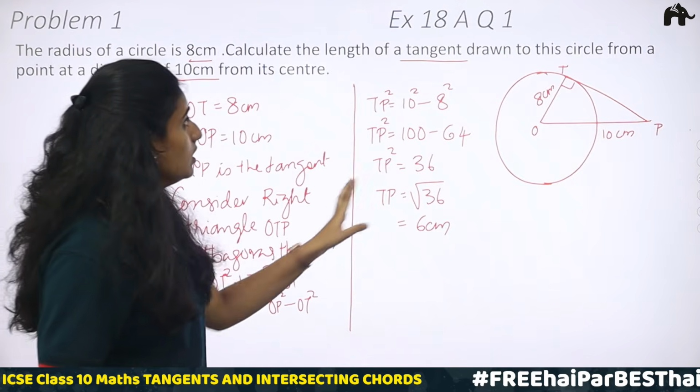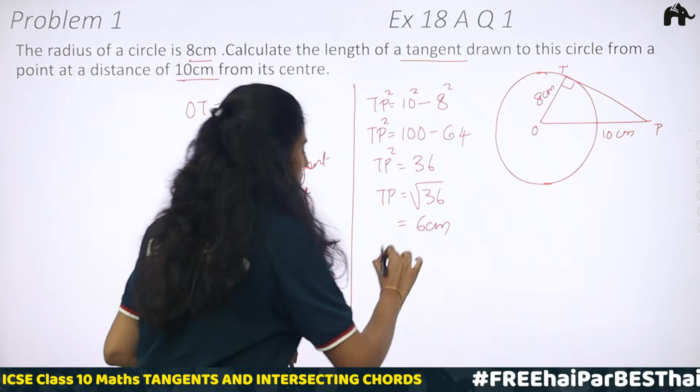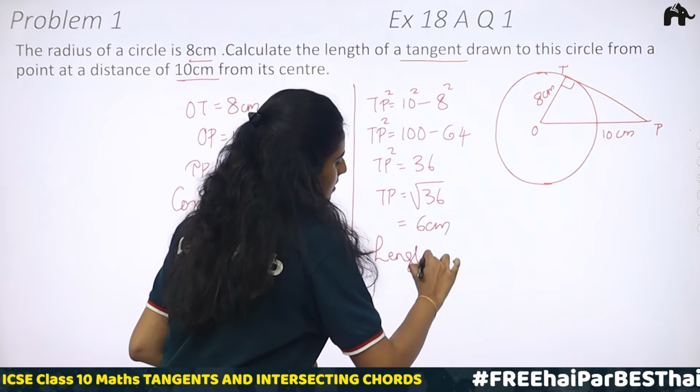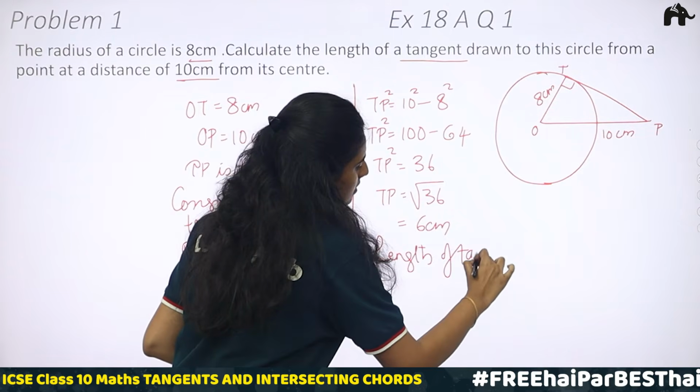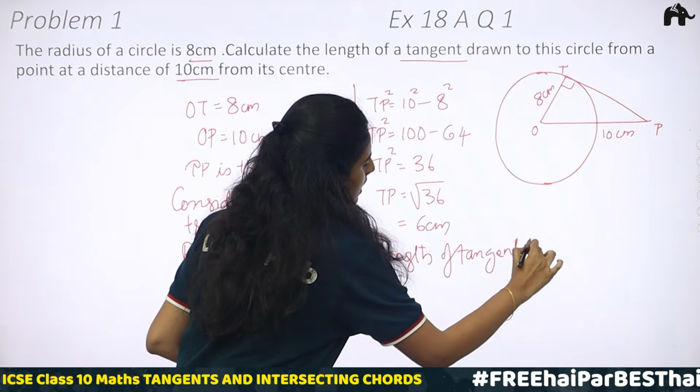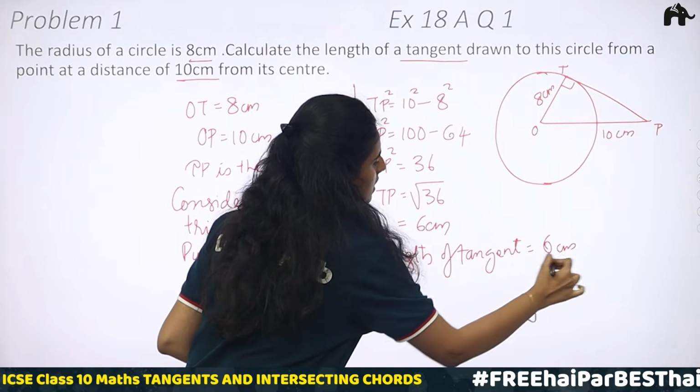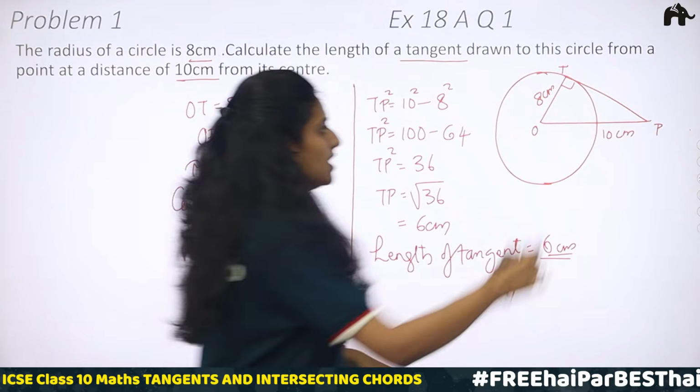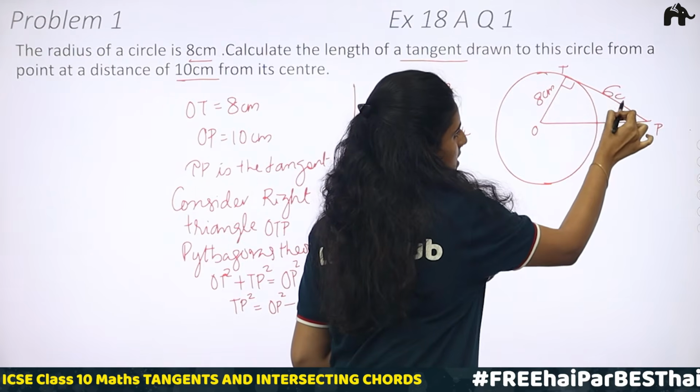Therefore, the length of tangent is equal to 6 cm. We have determined the length of tangent TP, that is 6 cm.